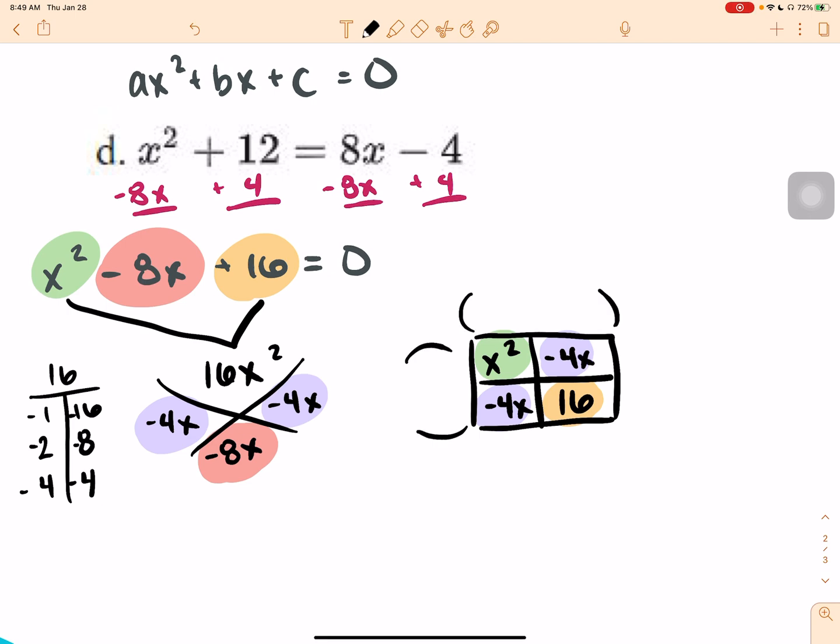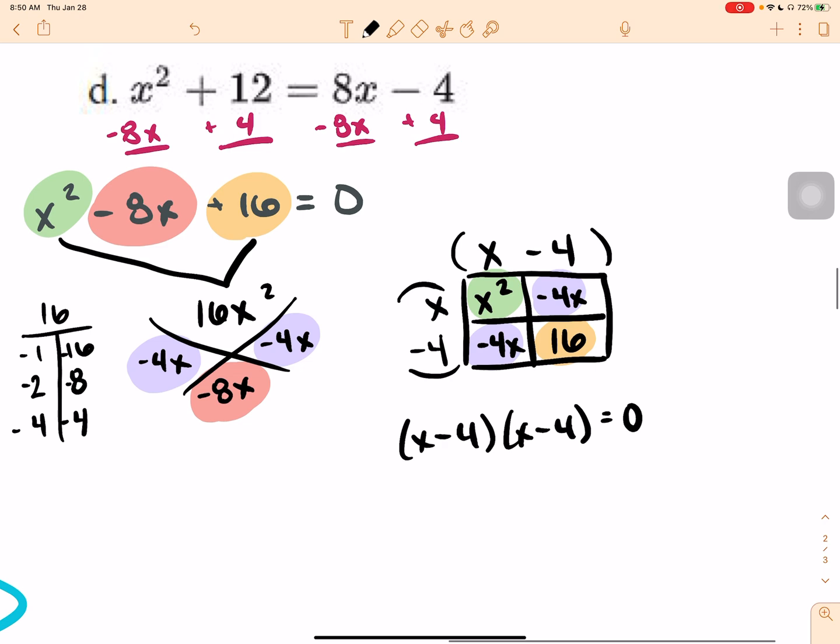Okay, so this is going to be, please pause and try it out on your own first. But here I have x minus 4 times x minus 4. So now I have x minus 4 times x minus 4 equals 0. You could split that. You'll get 4 for each of the answers.